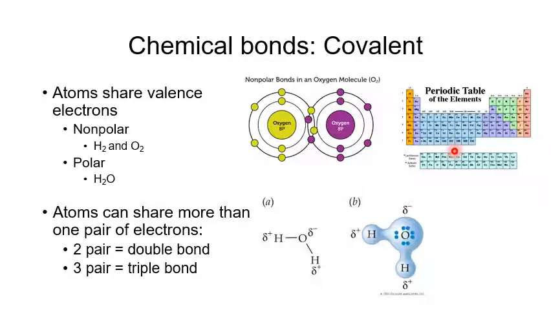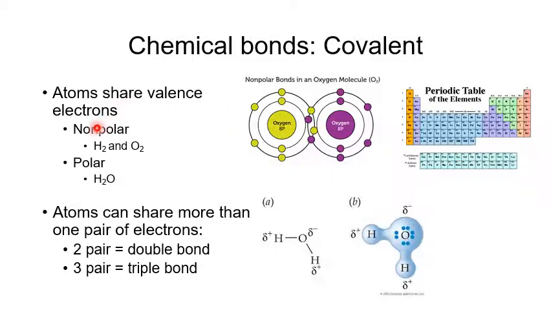So to get this stable configuration electron-wise, these atoms can form bonds with other atoms. And there are cases where they can share electrons, they can take electrons, and so forth. So sharing of electrons comes in the form of what we call covalent bonds. Okay? This is where atoms will share electrons.